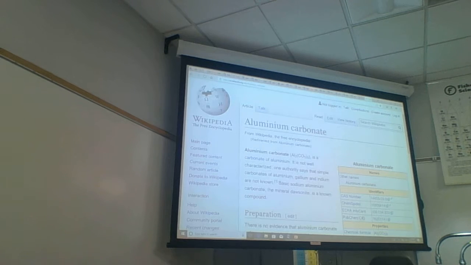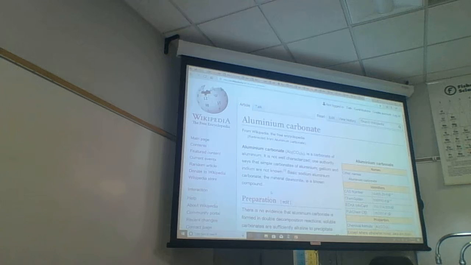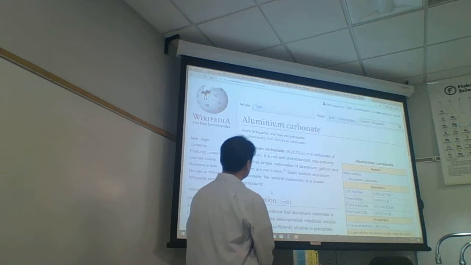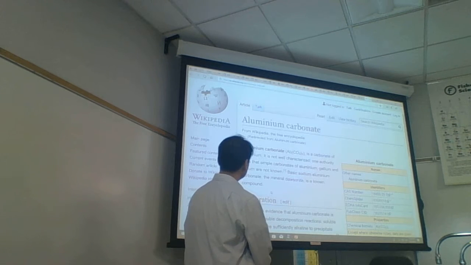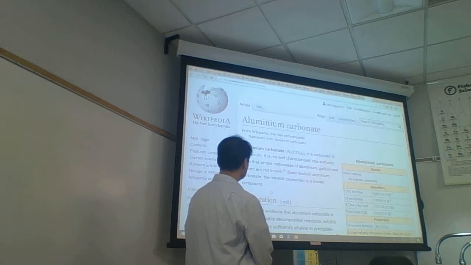Here, Wikipedia. Aluminum carbonate is a carbonate of aluminum. It is not well characterized. One authority says that simple carbonates of aluminum, gallium, and indium are not known. Basic sodium aluminum carbonate mineral dawsonite is a known compound.